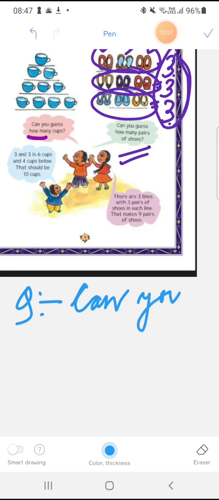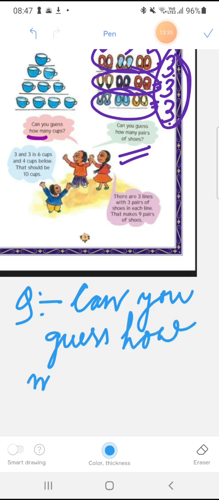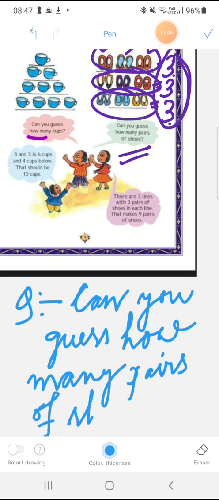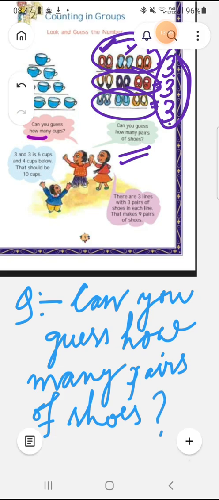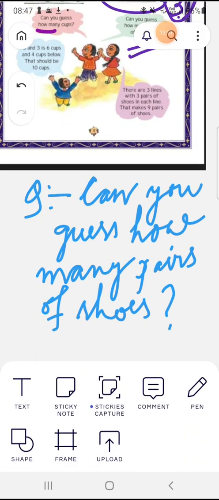Can you guess how many pairs of shoes? So what will be our answer?